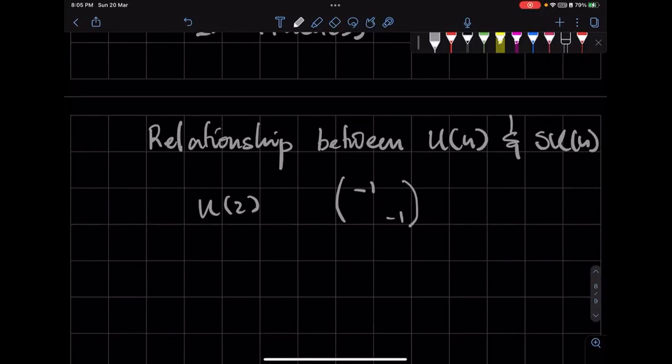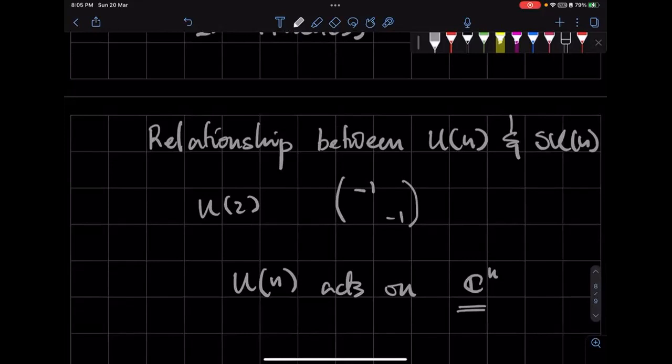The 2x2 matrices act on C2. Like the vector space that UN acts on, it acts on some CN, right? We'll talk more about what things act on when we talk about representation theory in the near future.